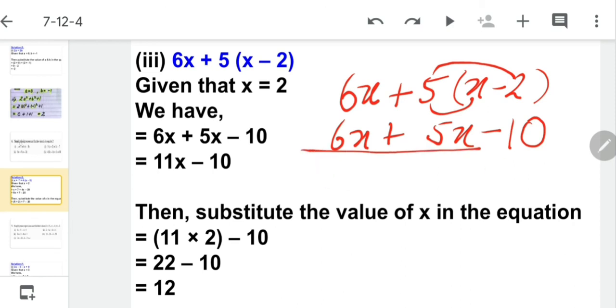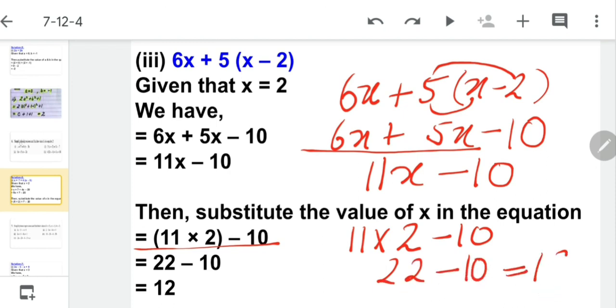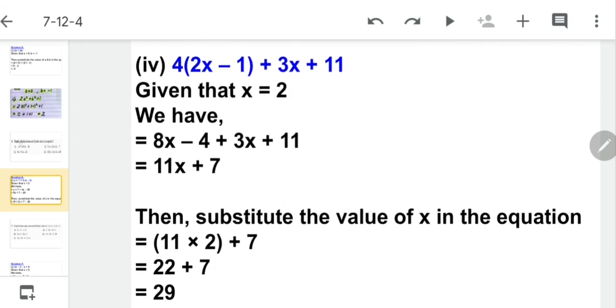Then positive 6x and positive 5x will give us 11x minus 10. Now we have to place the value of x. So it will be 11 into 2 minus 10, that is 22 minus 10, it will be 12. Okay. I hope you all find these questions very easy.